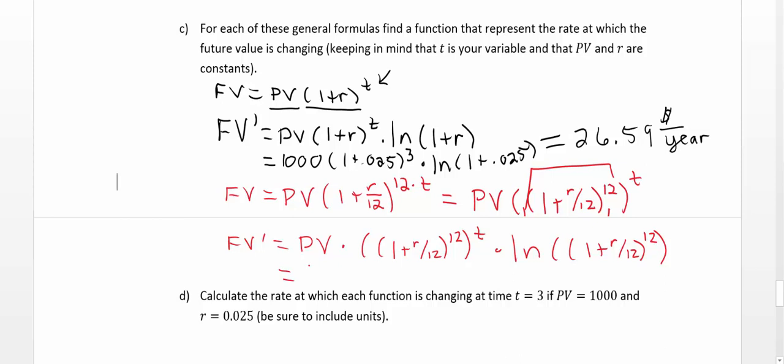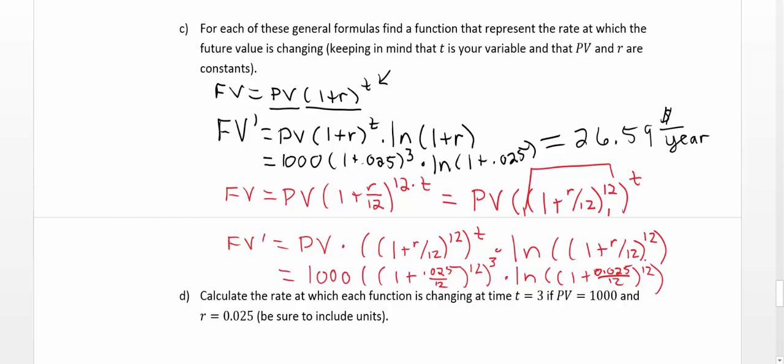So again, we're going to carefully plug in our values. So we have 1,000 times (1 plus 0.025 divided by 12) raised to the 12th, all cubed, times the natural log of (1 plus 0.025 divided by 12) to the 12th.